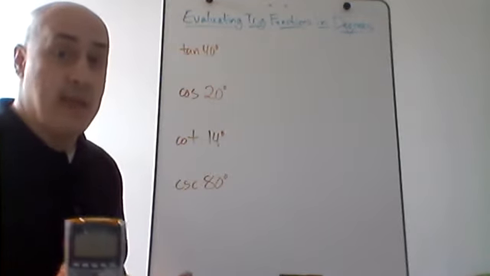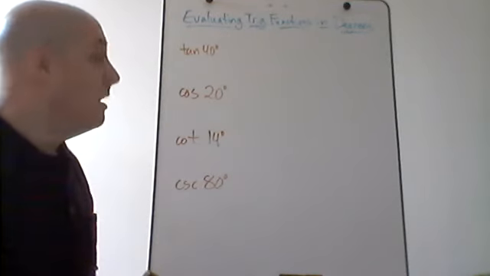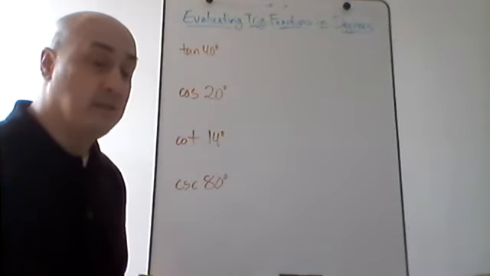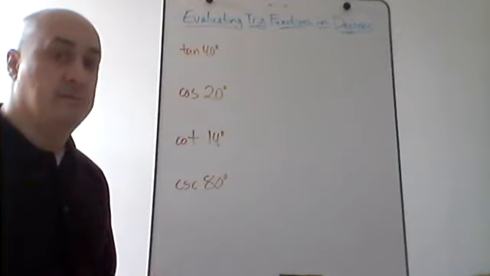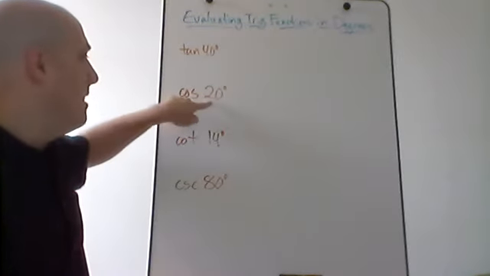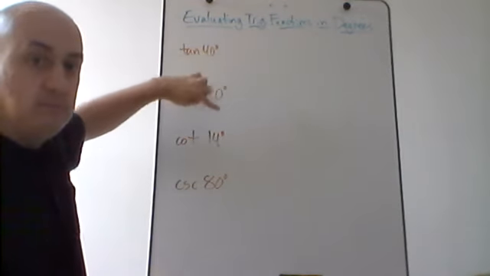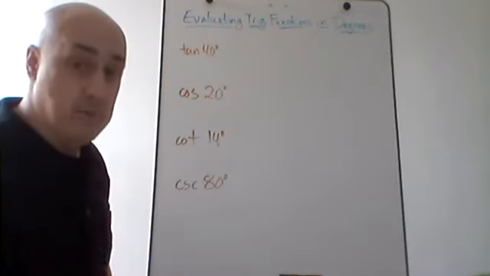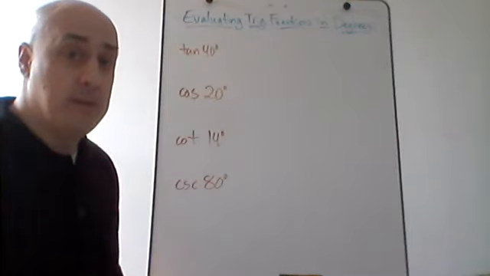Look it up online if you can't figure out how to do it on your particular calculator. But you have to be able to switch back and forth easily, and you have to pay attention to each individual problem so you know which mode you're supposed to be in. General rule of thumb, if you see an angle with that degree measure there, make sure your calculator is in degree mode. If you don't see that, then you should probably be in radian mode.